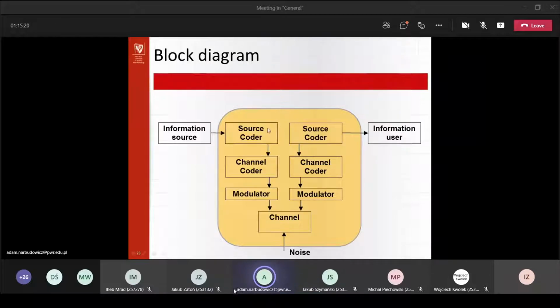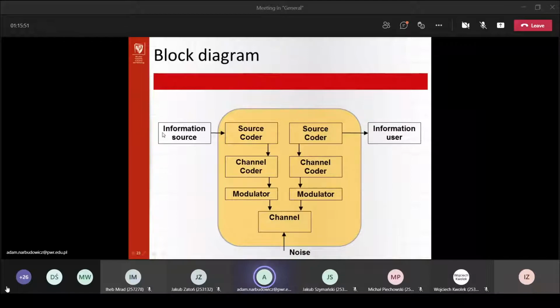So as you can see here, the coder was split into the source coding and channel coding. And this is, again, one more important distinction that is supposed to be mentioned here. So typically, even though both are called coders, they have totally different purposes, okay?